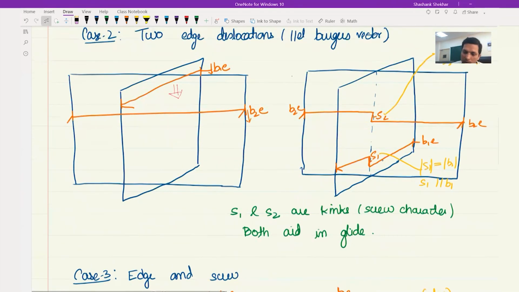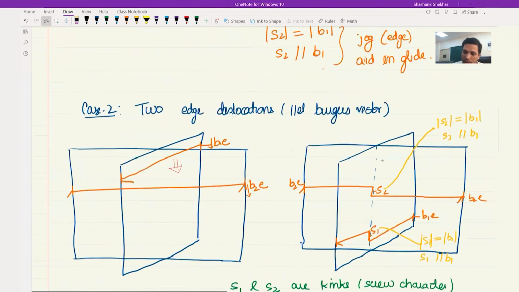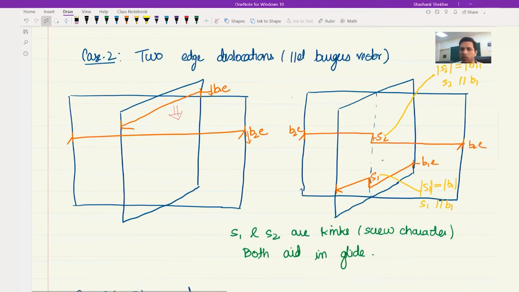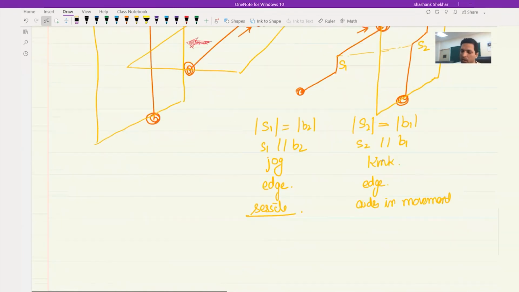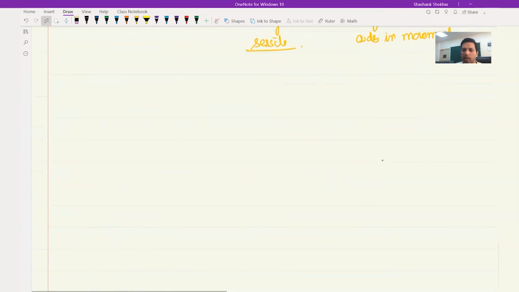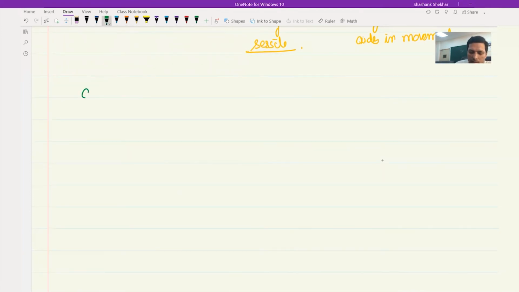Here we have written both of them are kinks and they also are screw character. And here we have written jog and edge character. So we have summarized all these, and we can actually make a table to put this all at one place, where we will be able to identify whether it is a jog or a kink, whether it is screw dislocation or edge dislocation, and whether it is glissile or sessile.